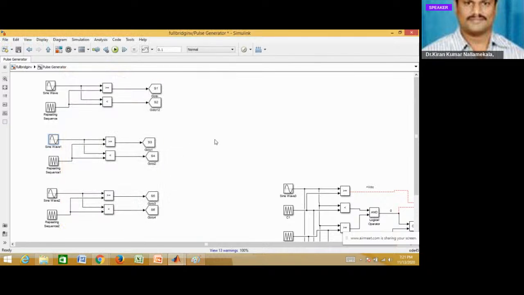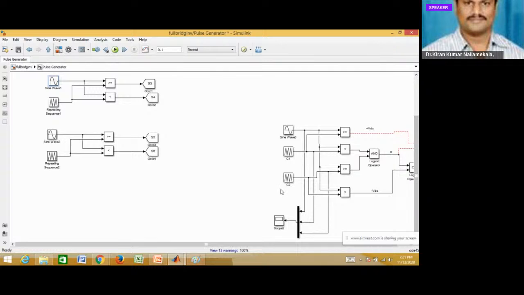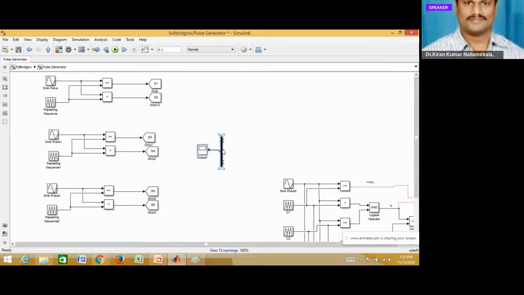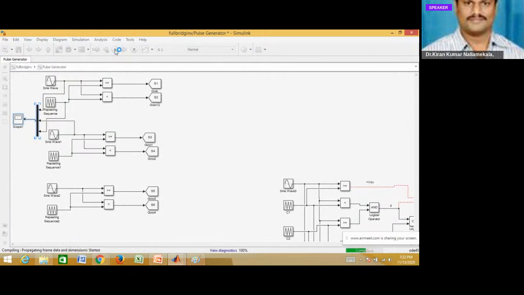Then we will see what is happening to this. When we do like this, what will happen? And we will see what are the modulating signals that we are considering here. So I'll keep here one sine wave and the second sine wave. Both triangulars are same, so I'll take one triangular wave and I'll run the simulation.